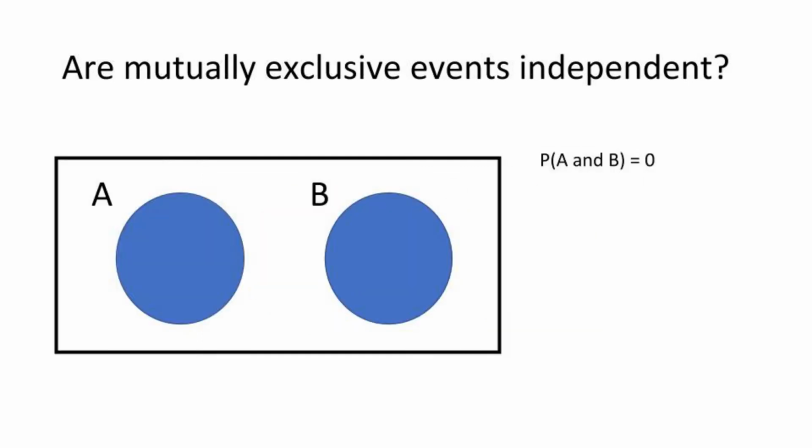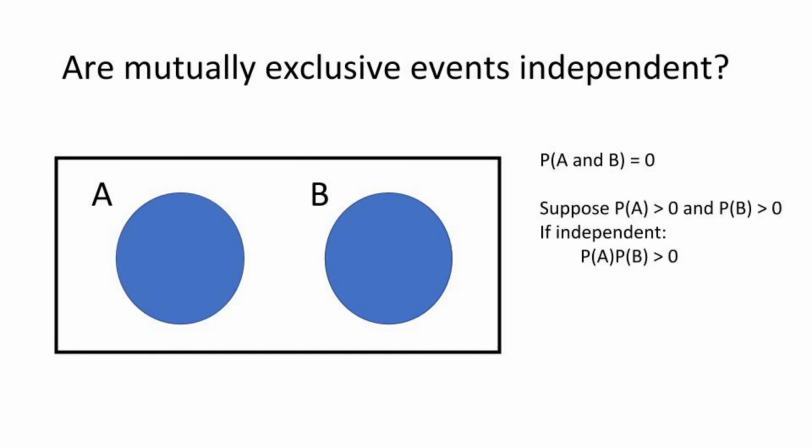So if A and B are mutually exclusive, that means that the chance of A and B happening together is 0. Suppose that the probability of A and the probability of B are both greater than 0. That means they have at least one case inside of each of them. If they were independent, that means that the product of the 2 probabilities must be greater than 0.